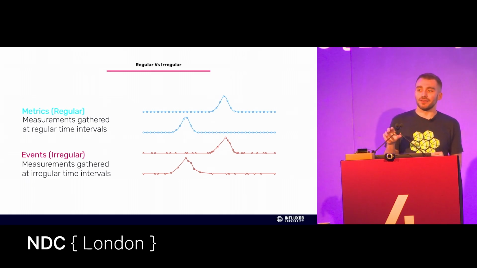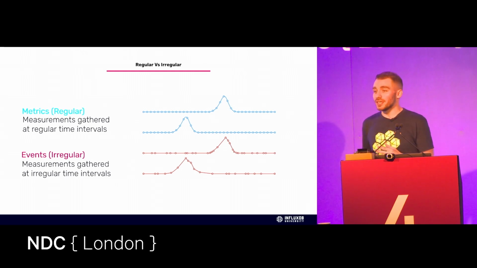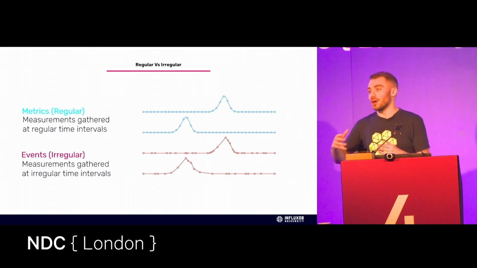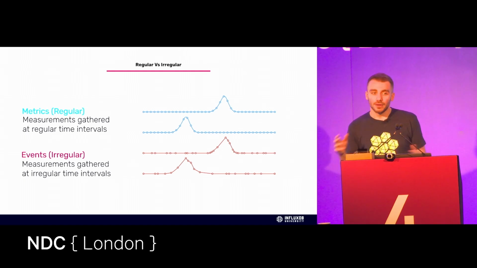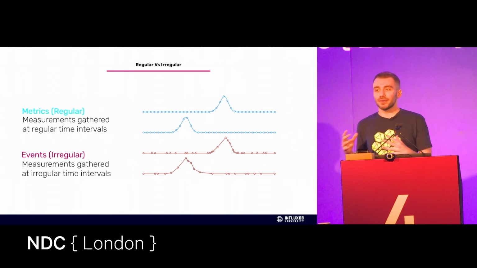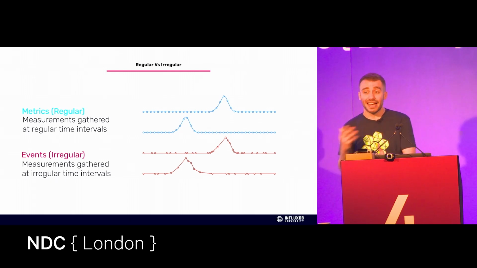The cool thing here is, especially with InfluxDB and other time series databases, we can actually derive regular metrics from event-based metrics. The way we do that is through aggregation, and we'll get onto that a little bit later. But aggregation is essentially the idea of providing a mean or a count of some form on the data.